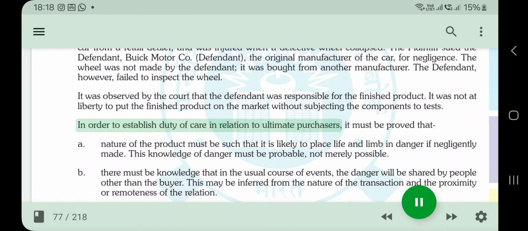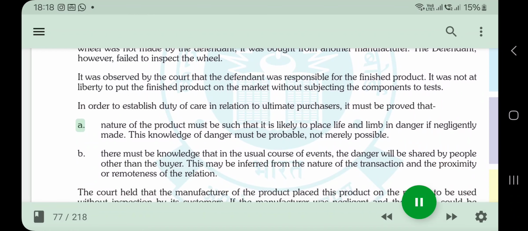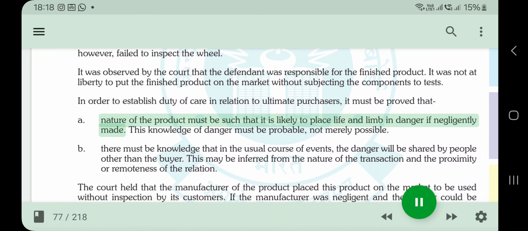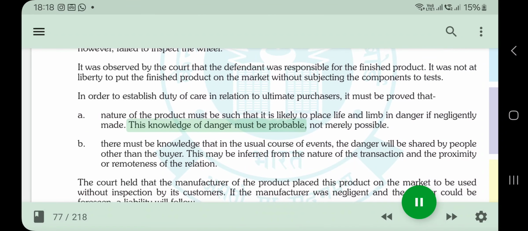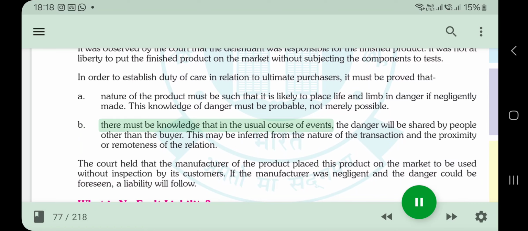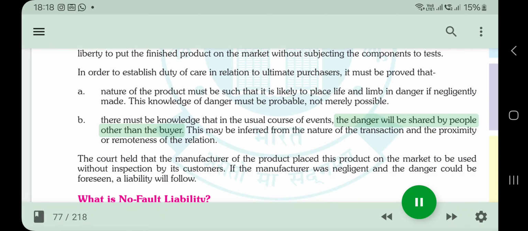In order to establish duty of care in relation to ultimate purchasers, it must be proved that: A. The nature of the product must be such that it is likely to place life and limb in danger if negligently made. This knowledge of danger must be probable, not merely possible. B. There must be knowledge that in the usual course of events, the danger will be shared by people other than the buyer.